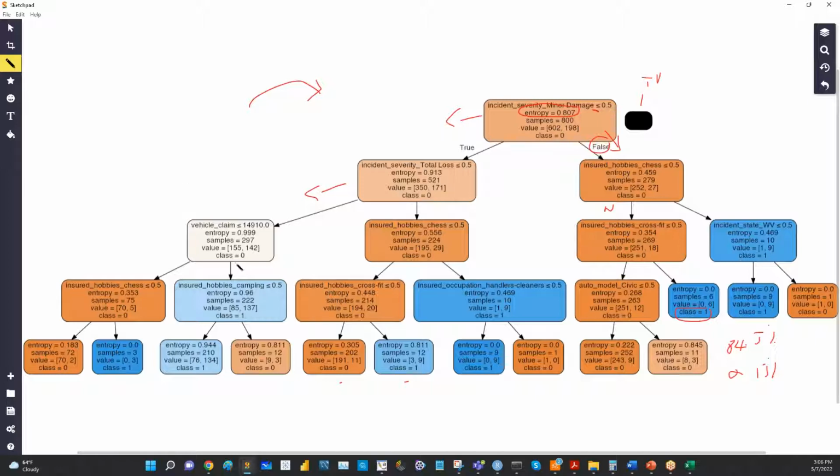Greater is going to be, I believe, this direction. Is insured hobbies, do you like camping? Yes. Then you are a liar. Okay. 84.5%, you are a liar. 15% or 14%, you are telling the truth. So that's very simple. Simple as is. Okay. Any questions, concerns about the decision tree?